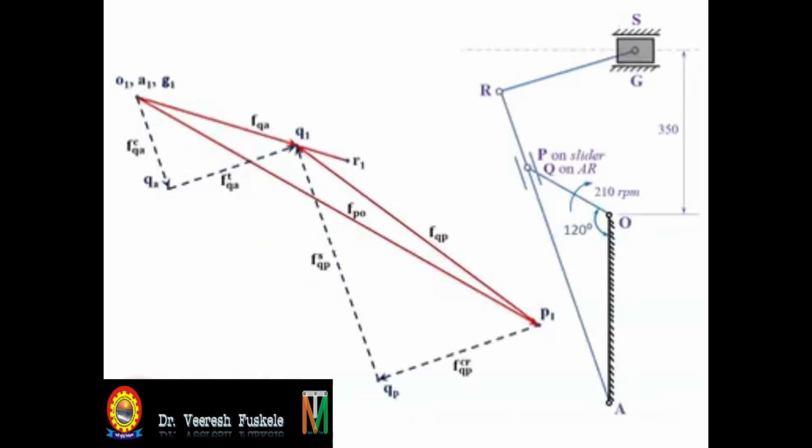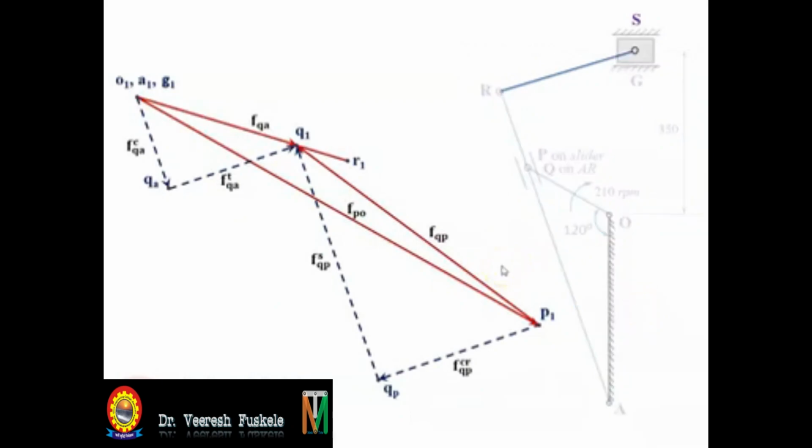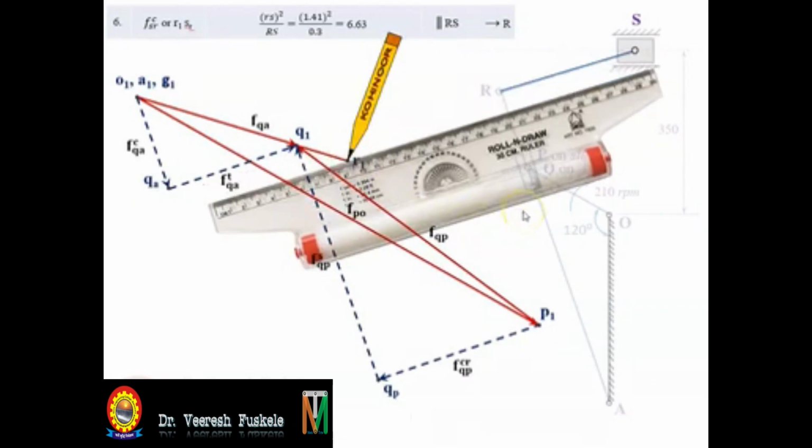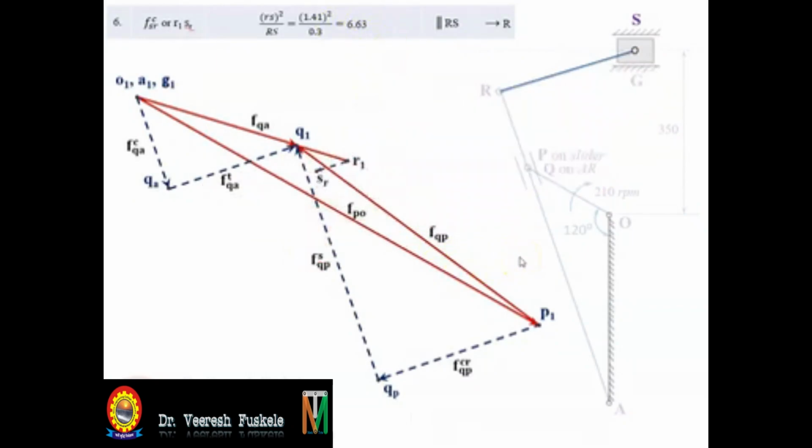Next, we will draw the acceleration of the link RS. For this, we have already calculated the centripetal component. This will be parallel to RS. So we will take up a roller scale, place it on the link RS, and we will draw the vector from the point R1 equal to 6.63 taken to a proper scale. The direction will be from S to R, towards the center of rotation of the link.